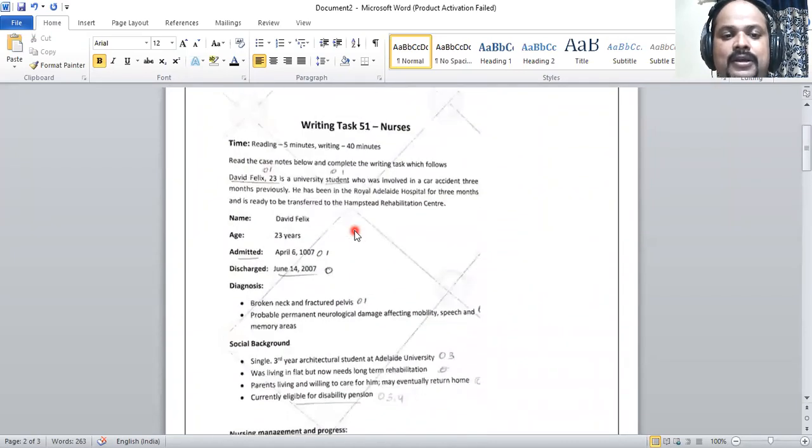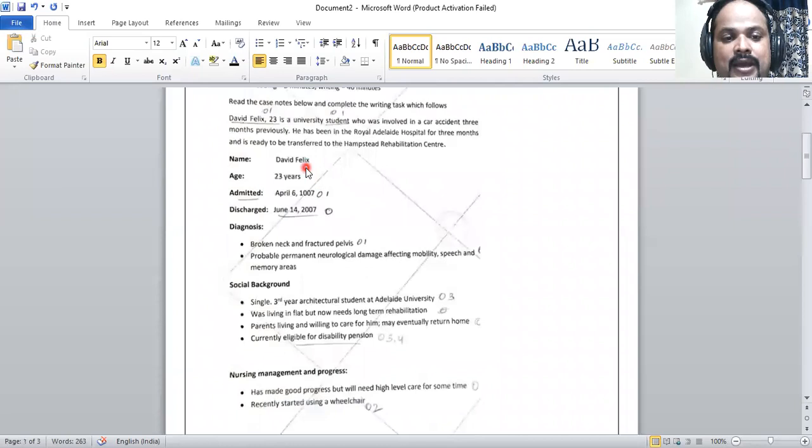What details do we have in the letter? First of all, we look at these things. Now we have a 23-year-old boy. His name is David Felix, a university student involved in a car accident 3 months previously. He was in Royal Adelaide Hospital for 3 months and was ready to be transferred to the Hampstead Rehabilitation Center.